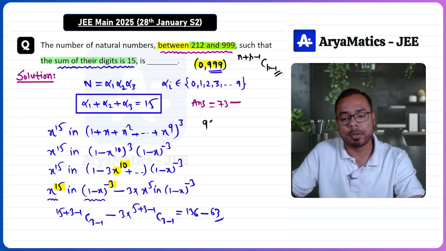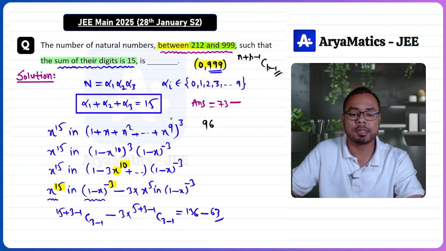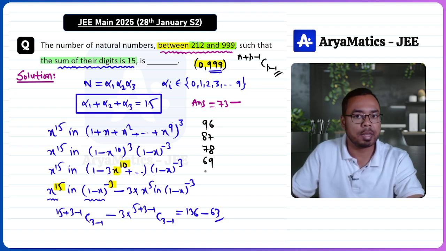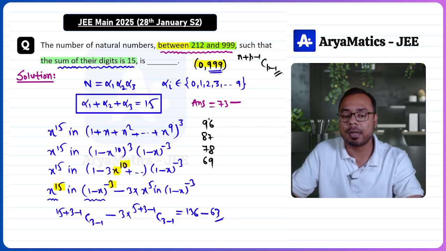One possibility is 96: if I take 9 and 6, the sum will be 15. Another one is 87. Next you have 78 and then 69. If I have 5 here, we cannot create a sum of 15. So these are the only four two-digit numbers for which the sum of digits is 15.